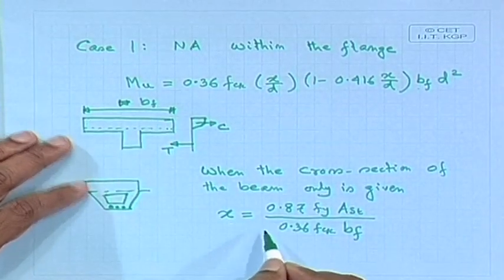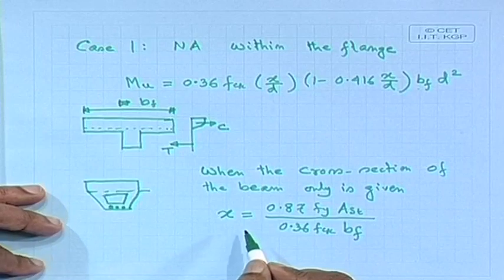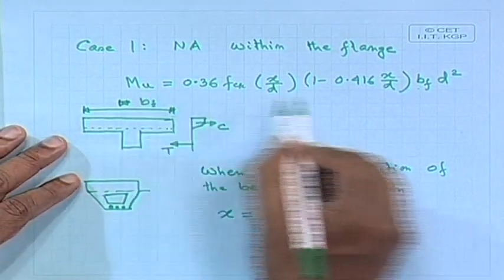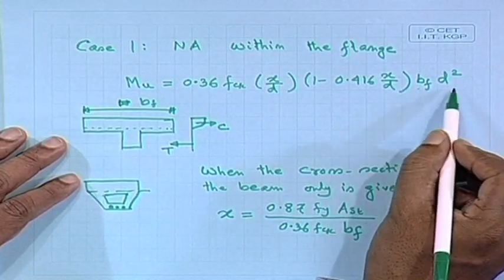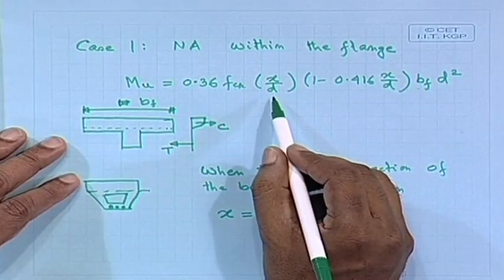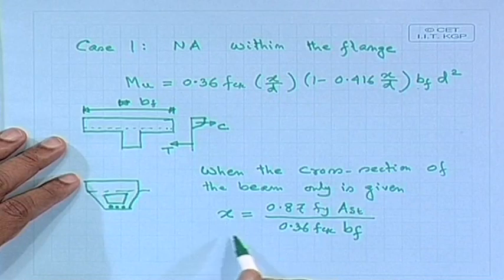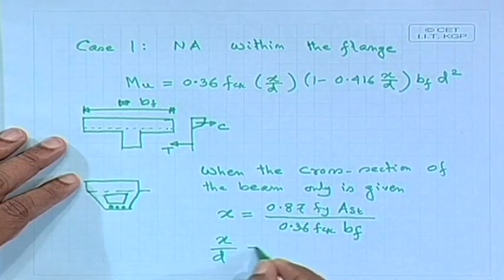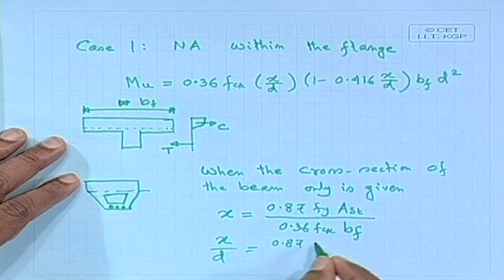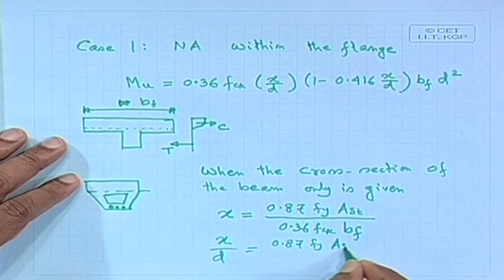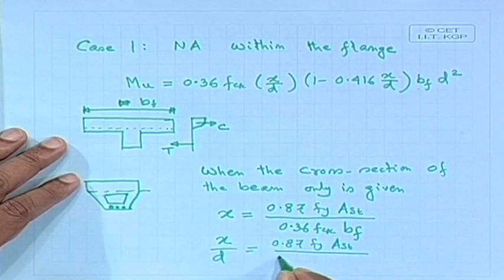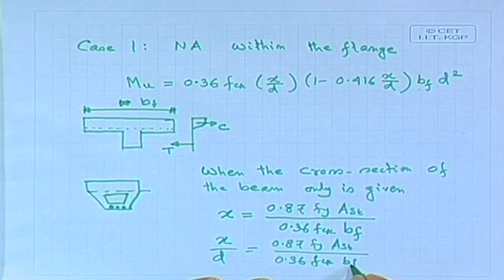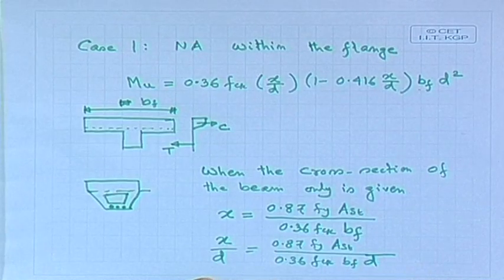So, from here also we can find out x. If only the cross section is given, here moment is given, so from there we can find out x by d, here also we can find out x by d. In other way, I have to write x by d equal to 0.87 fy Ast divided by 0.36 fck bf times d.